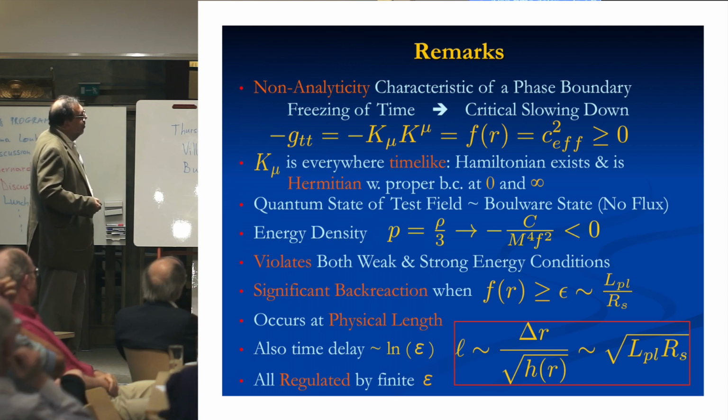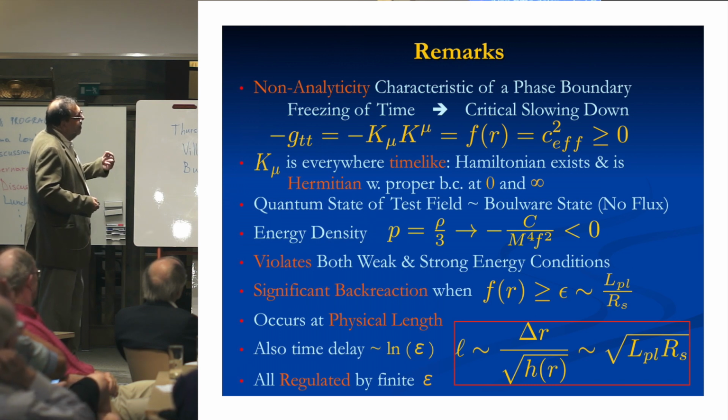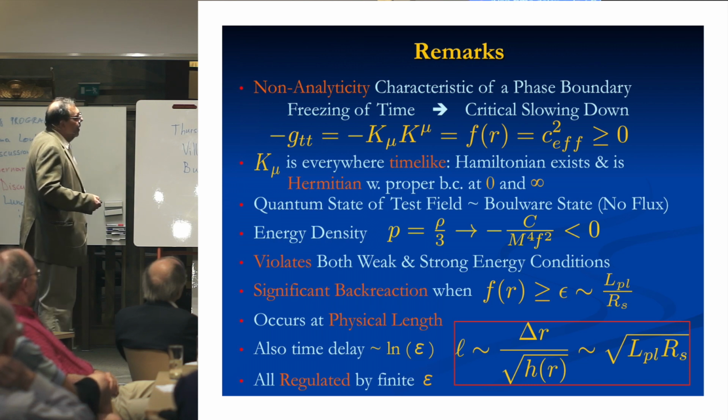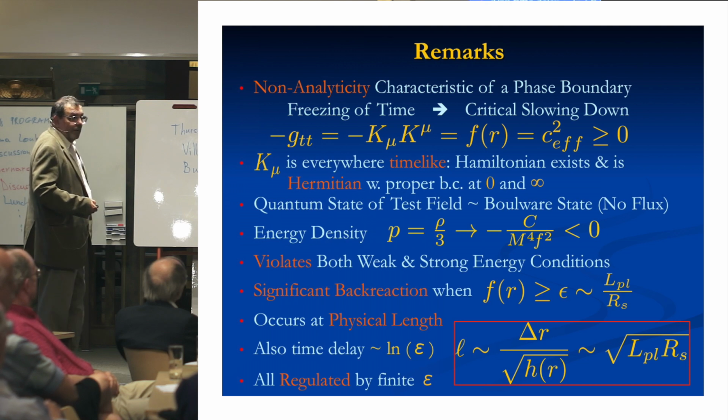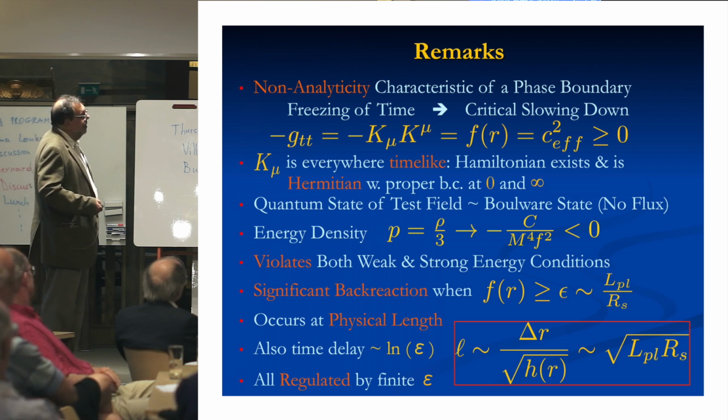If I now put h bar into the system, I expect that this infinitely thin boundary layer is going to get regularized by essentially the Planck length divided by a small parameter epsilon, the Planck length divided by the Schwarzschild radius. That will mean that the physical thickness, because of the metric factor, is going to be the geometric mean of the Planck length and the Schwarzschild radius, which is quite a bit larger, of course, than the Planck length.